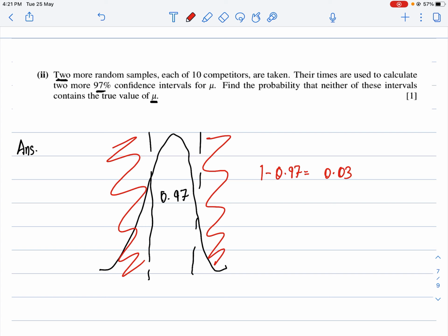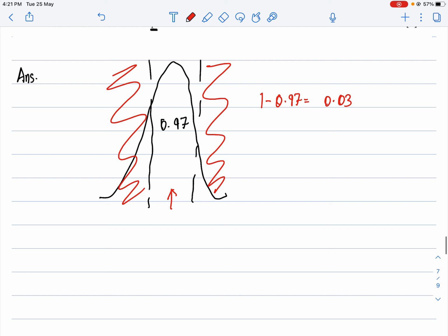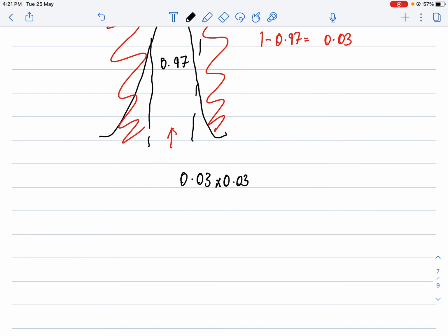This is the area of rejection, the area where the mean does not lie, but this is only for one sample. So you basically do 0.03 times 0.03. When you do that on your calculator, you get your answer as 0.0009, which is the final answer of the question.